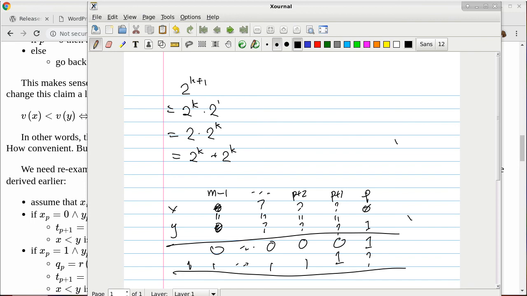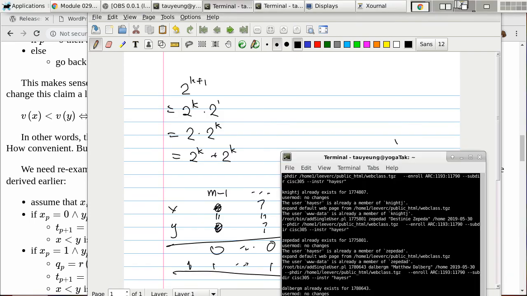This means x is less than y. That is correct. So we can conclusively know that x is less than y if and only if the overall borrow bit is a 1. Is that okay? All right. So back to the notes.